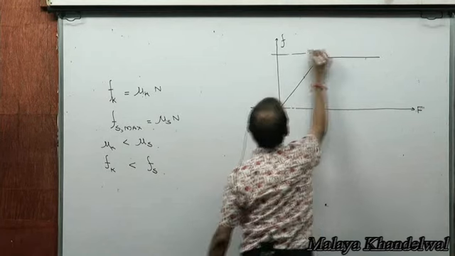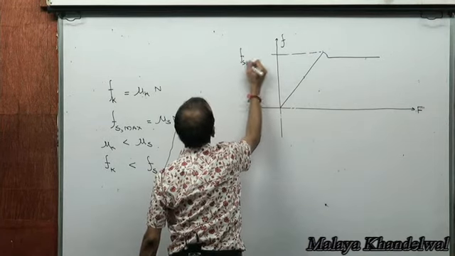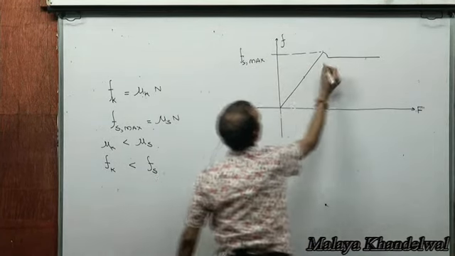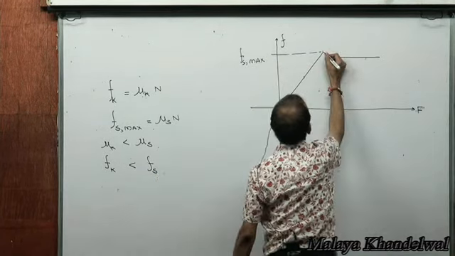Friction slightly dips, F max, S max, right? There is that slight dip, and this length is kinetic friction. Now, this dip generally is very small. From maximum static friction to kinetic friction, the variation is really small sometimes.